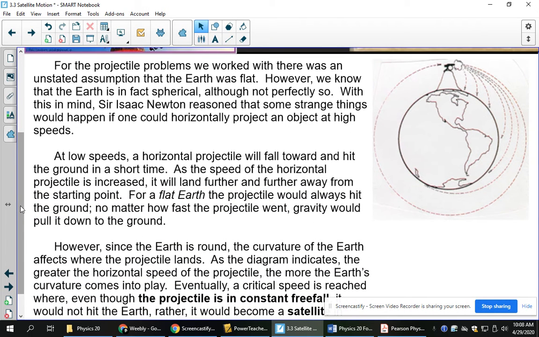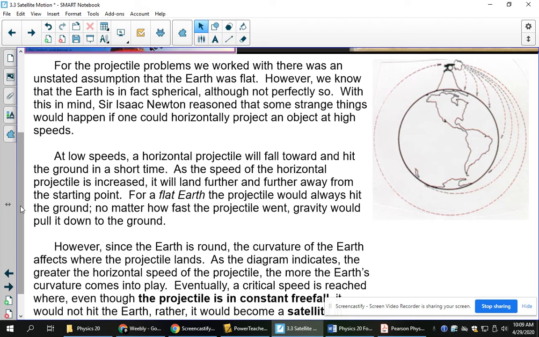For the projectile problems we worked with, there was an unstated assumption that Earth was flat. However, we know that Earth is in fact spherical, or more precisely a geoid, like we saw in a previous lesson. With this in mind, Sir Isaac Newton reasoned that some strange things would happen if one could horizontally project an object at high speeds.